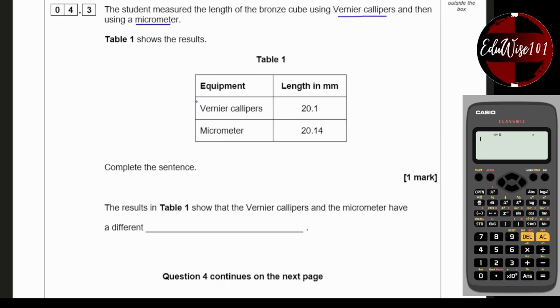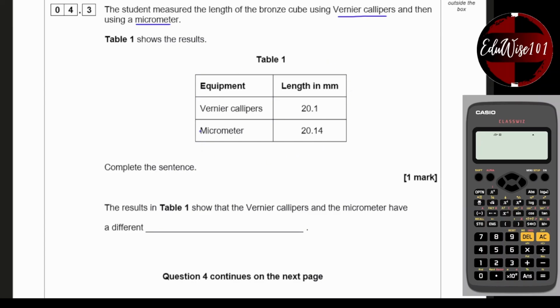It will be worthwhile to have a look at what vernier calipers and micrometers actually look like, because in GCSE, we generally don't use these two very often, and most students wouldn't have actually seen them unless you're in A level. So it's worthwhile to Google what vernier calipers and micrometers look like and read a little bit about it so that you understand this question better.